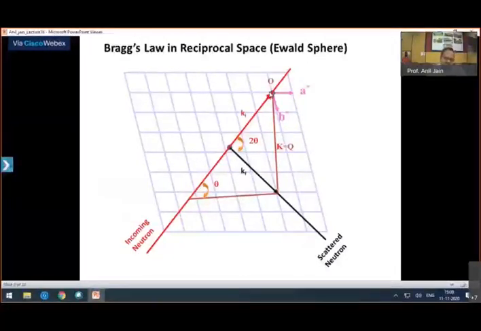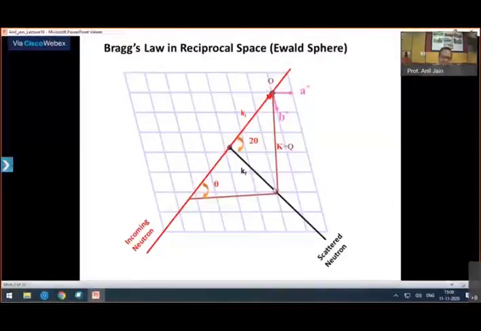Now I draw a sphere of radius Ki, and if this sphere touches any of the reciprocal lattice points of this system, then you will get the scattered beam, whether neutron or X-ray depending on the experiment, emitted in that direction.